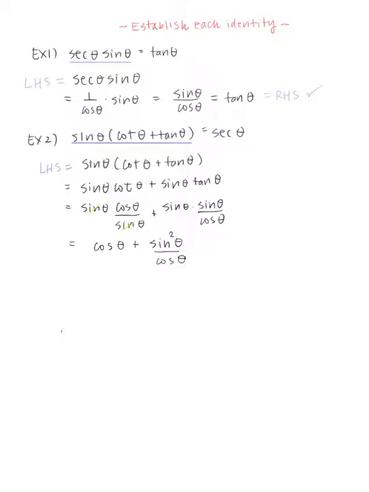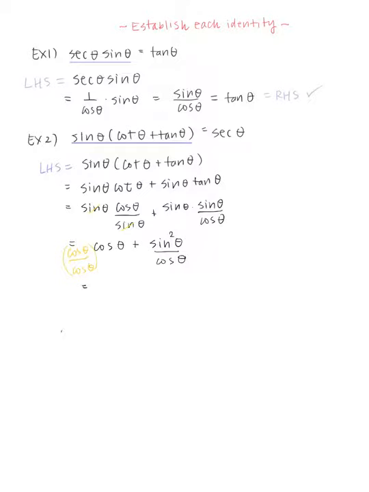Now what, right? Since we're given two fractions, let's try to combine these two fractions into one fraction by getting the same common denominator. Common denominator is cosine of theta. So what I'm going to do is multiply the left-hand side by cosine of theta over cosine of theta.